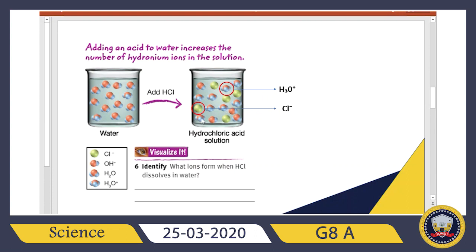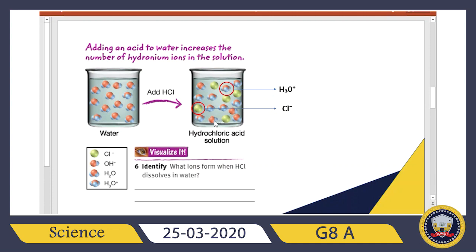On the other hand, if we are seeing 3 hydrogen and 1 oxygen, it means that they are the hydronium ions. So if you count these, you will see that the number of hydronium ions is higher than the number of hydroxide ions, okay?